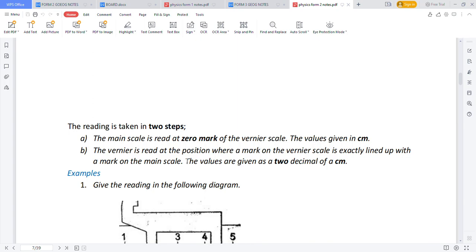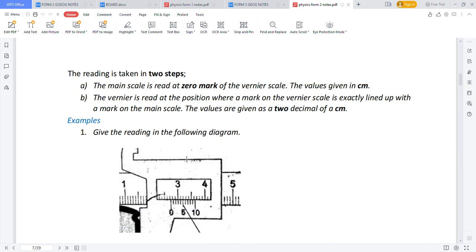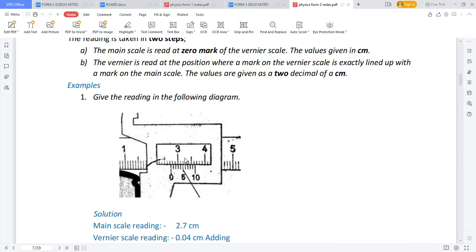The main scale is read at the 0 mark of the vernier scale, with values given in centimeters. The vernier is read at the position where a mark on the vernier scale is exactly lined up with a mark on the main scale. The values are given as 2 decimal places of a centimeter.